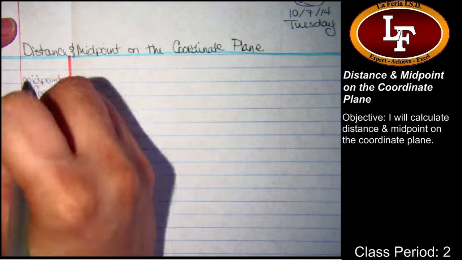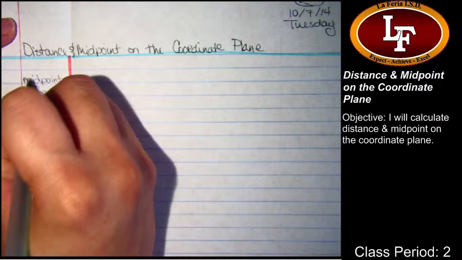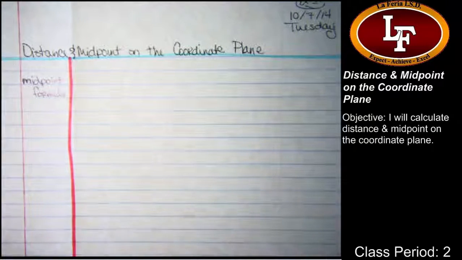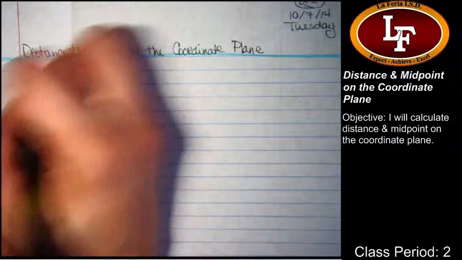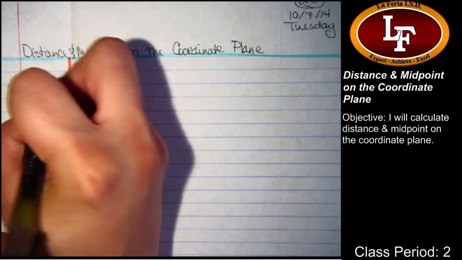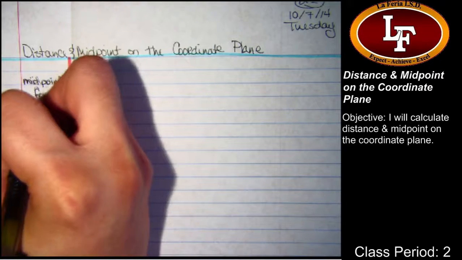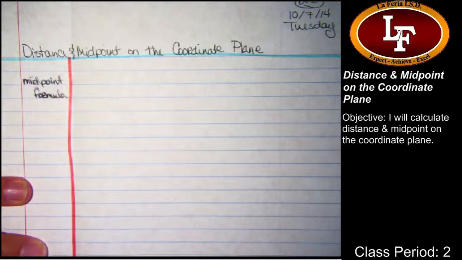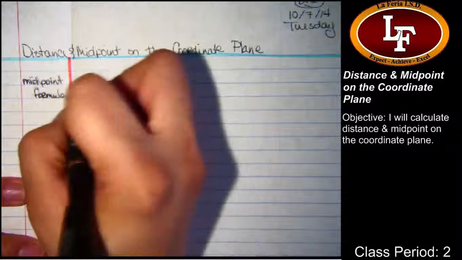Now these formulas are when we're in our XY coordinate plane. Ooh, this pen you can't really see. I'm sorry. I'll find a better one. Midpoint formula. Okay. Here's the midpoint formula.